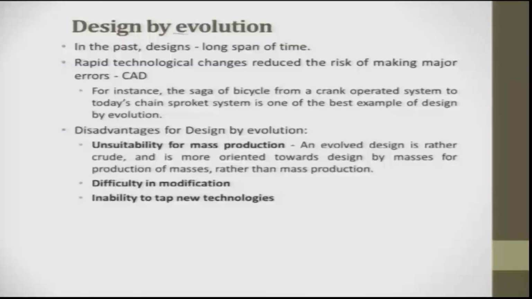In the past, design by evolution was the standard thumb rule. Here the design took a long time for stabilizing and changing. A long span of time the design stayed the same, and rapid technologies were never thought of getting added.